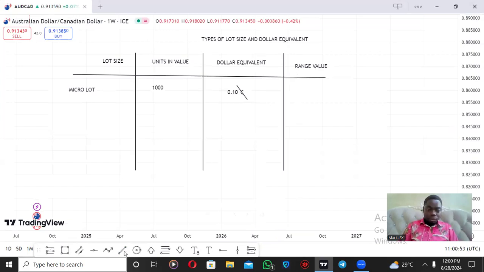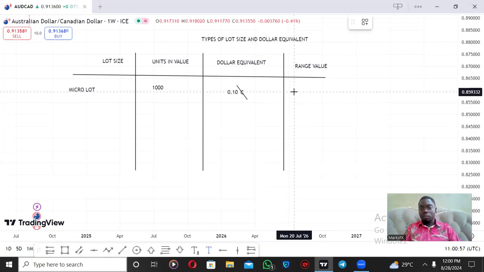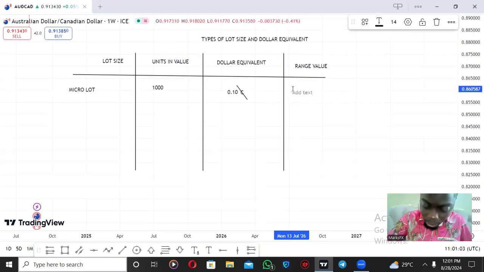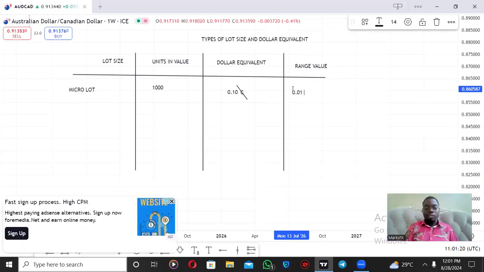The range in value for that micro lot is 0.01 to 0.09. So from 0.01 to 0.09 is a micro lot.